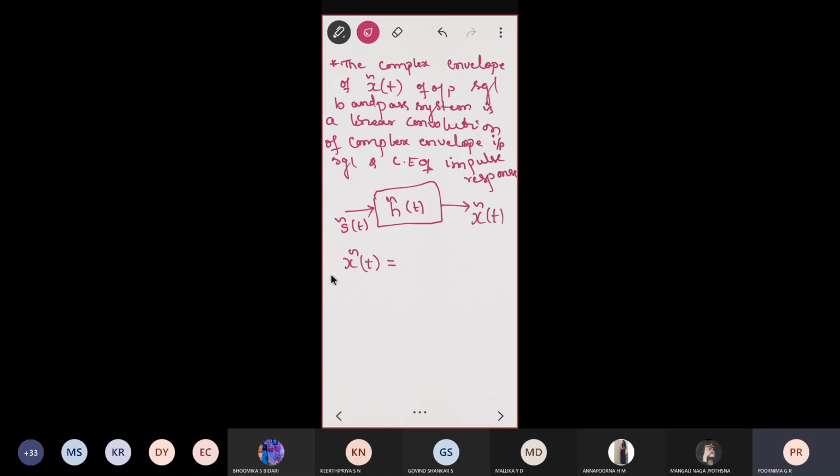So it is equal to, I will write the whole definition in terms of an equation: x tilde of t is equal to s tilde of t convolved with h tilde of t. Pre-envelope we are taking separately and complex envelope we are taking separately. Fine.